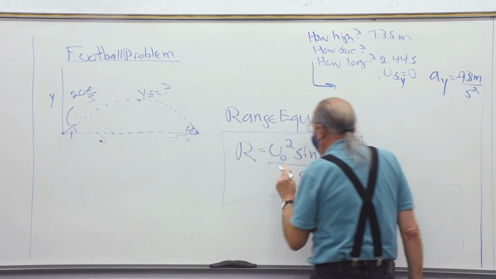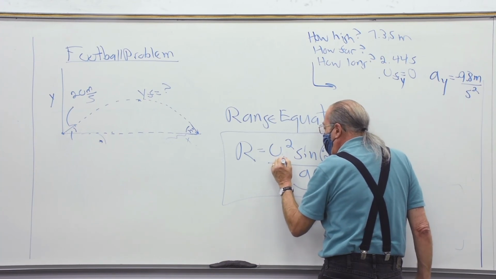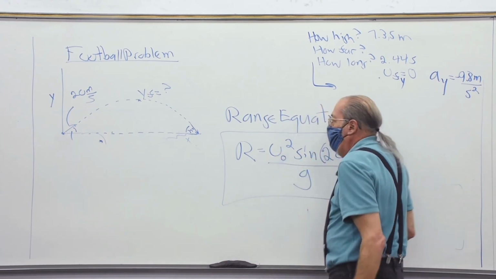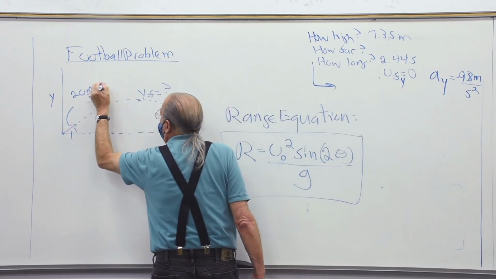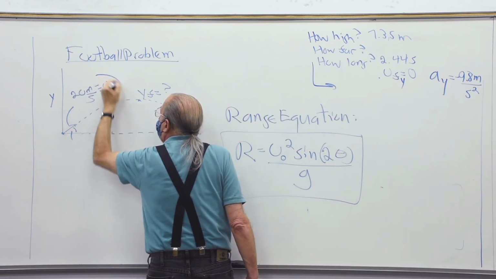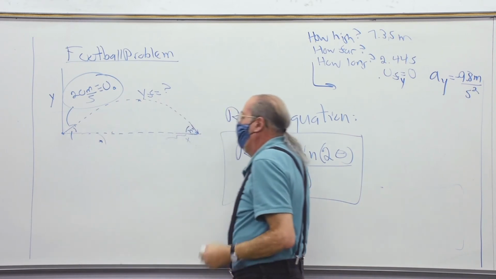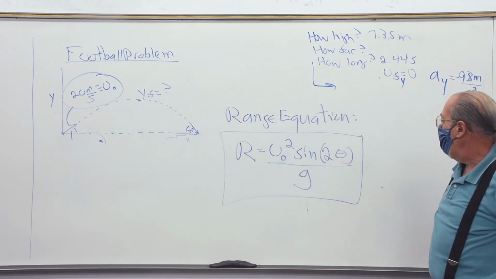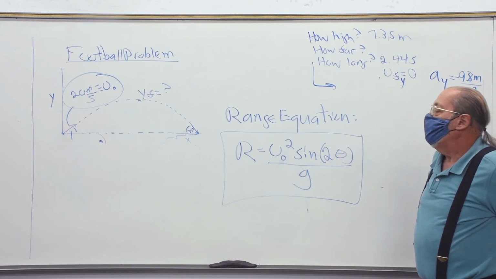You could also write whether it's V naught or V initial, okay? This is what we call V naught. V naught squared sine 2 theta over G.